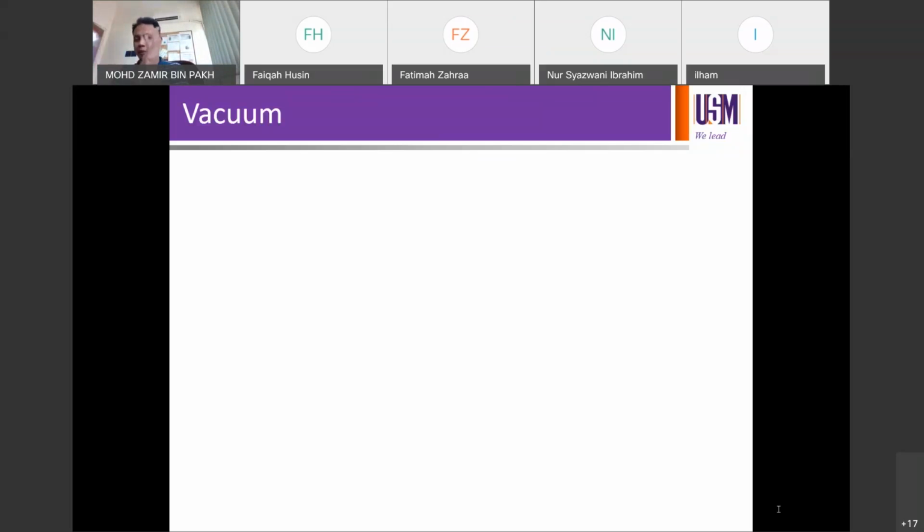Check, 1 atm is how many torr? Yeah, 760, right? So 760. Check, 1 atm is equal to how many millibar? Google it. Yeah, that's about 1,000, right?